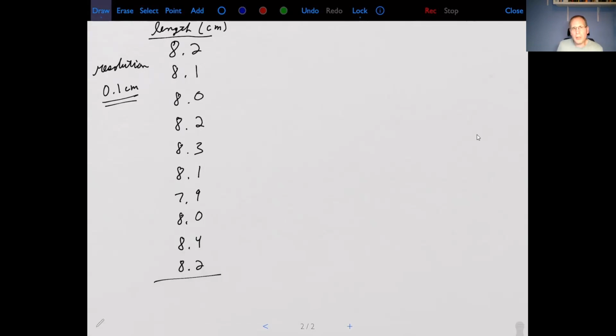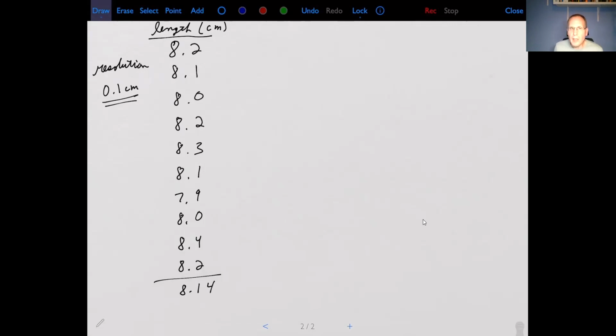All right, so how do I compute percent experimental accuracy? Well, the first step is I need to average these 10 values. If you average these 10 values, you're going to get 8.14. Let me double check that. Yeah, 8.14.